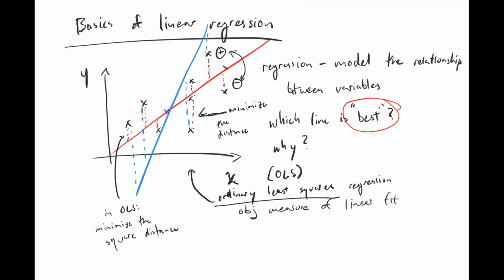There's a couple reasons why this isn't done, but probably the biggest one is that the calculation of the perpendicular distance is a lot more complicated than doing the vertical distance to solve, especially by hand, which is for practical purposes why a lot of these decisions were made back 40, 50 years ago. So yeah, I'll leave it at that.